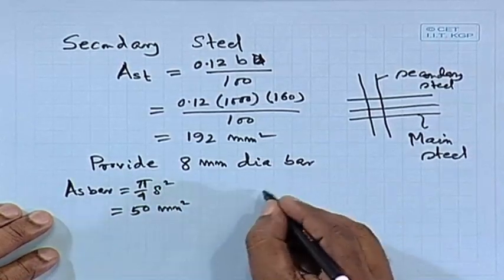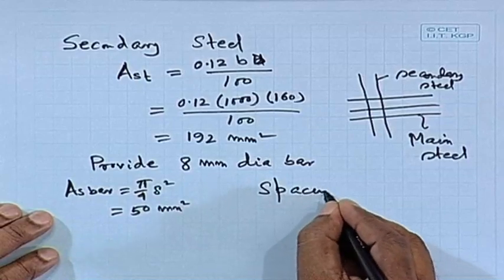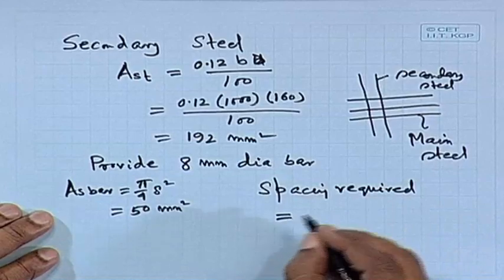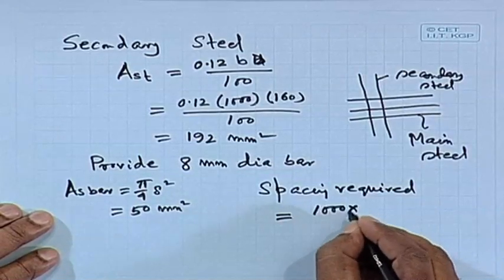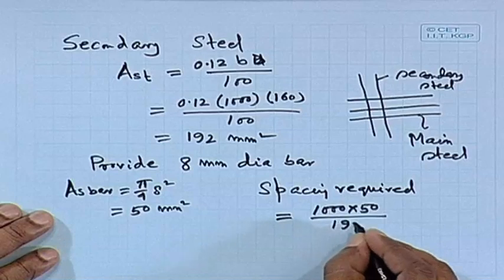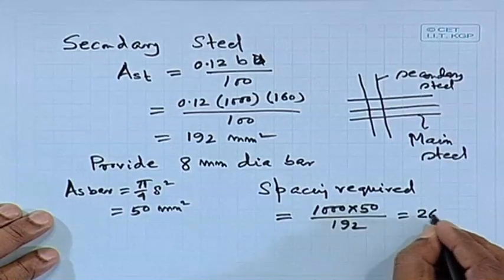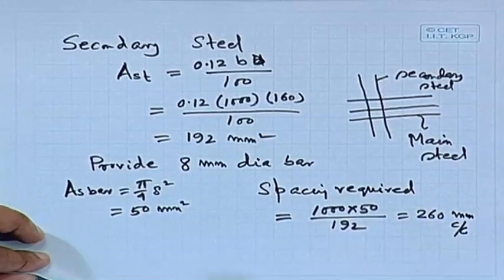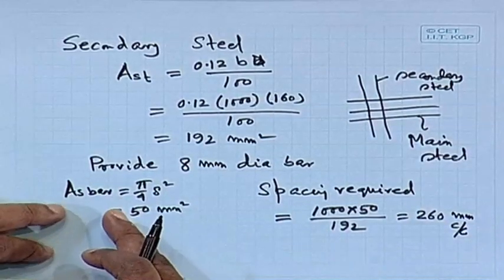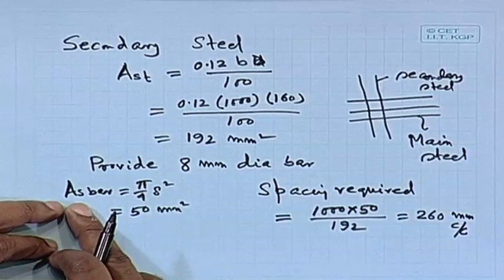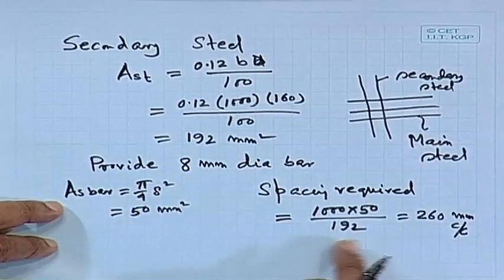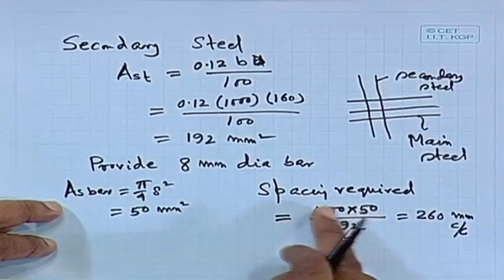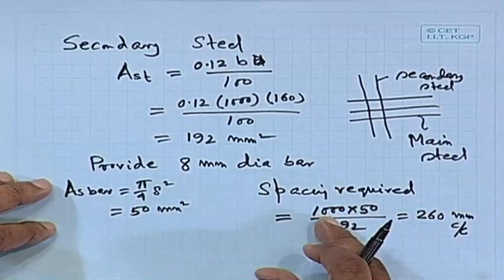So, spacing required is equal to 1000 times 50 divided by 192, equal to 260 millimeter center to center. We get the area of steel of an individual bar, that is 50 square millimeter, and on the basis of that we can find the spacing required, because we are calculating everything per meter width, that is why we are taking this 1000.